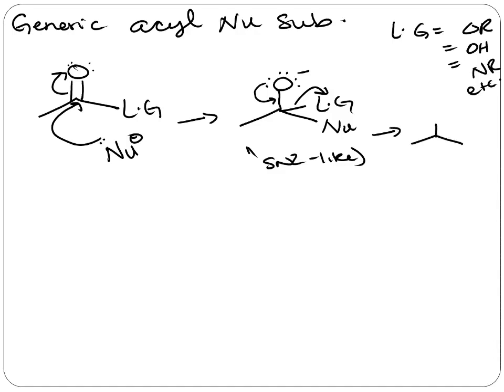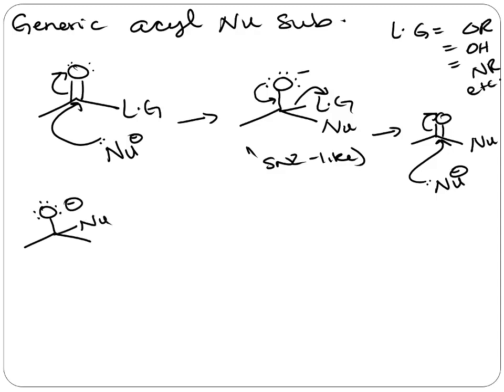We end up with a carbonyl again, which then can become reactive, and another nucleophile can come in and attack. And so we basically are just adding 2 of our nucleophiles, as long as this nucleophile can't come back off.